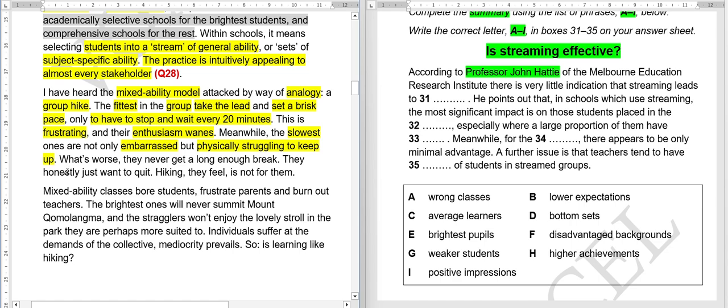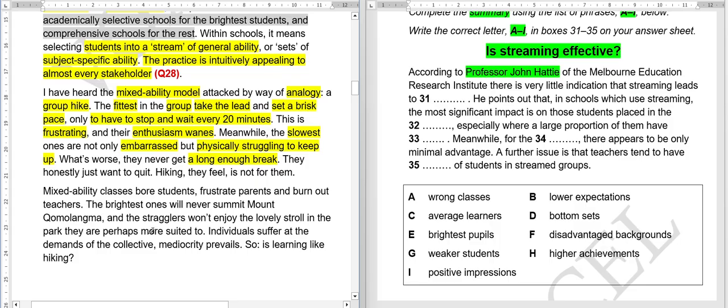What's worse, they never get a long enough break. Yeah, that's also the case. They will not get a long enough break because as soon as they catch up with the fastest of the group, after a minute or so, they will tell them to hurry up because they have already lost a lot of time waiting for them. They honestly just want to quit.